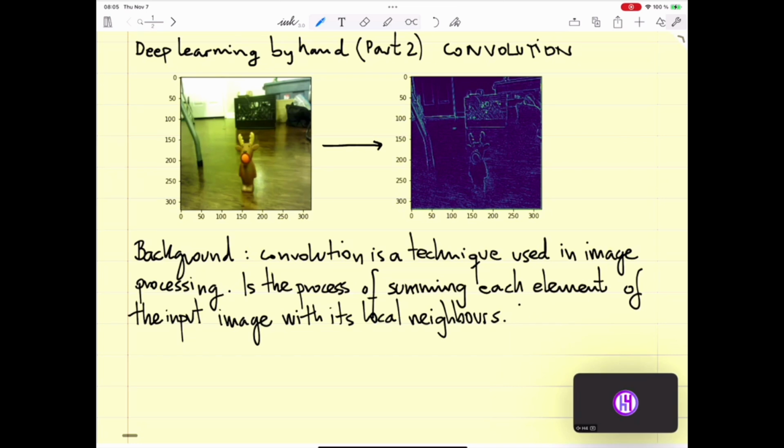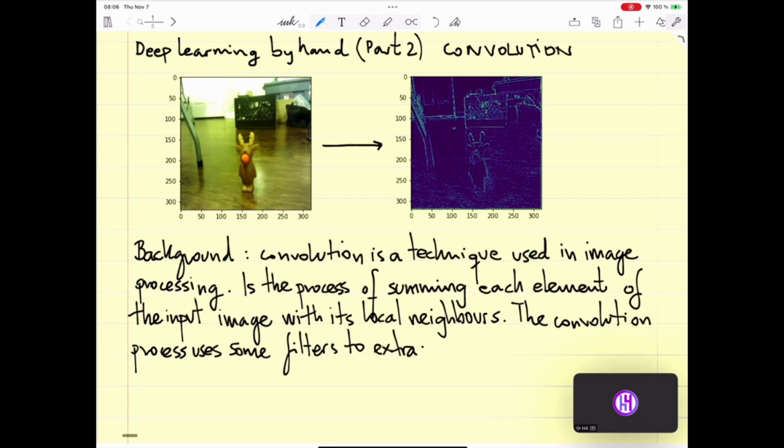The convolution process uses some filters to extract the information we are interested in.